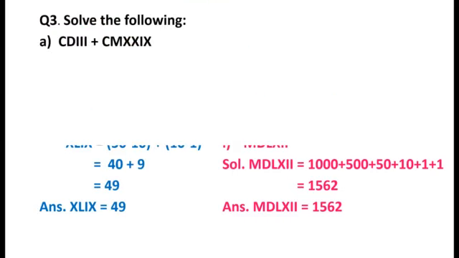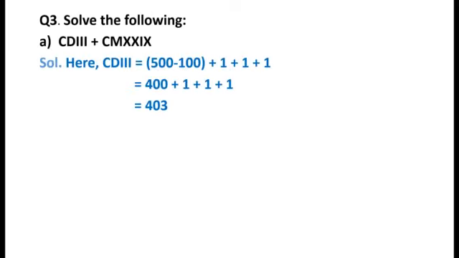So the answer is 1562. The third question says solve the following, and you can see here the Roman numerals are given over here and we have to add them. First we will see for CDIII what is the Hindu Arabic number for this. For C and D, C is 100 and D is 500.